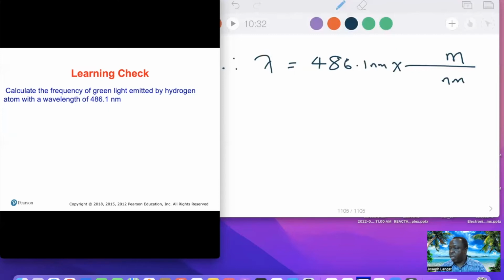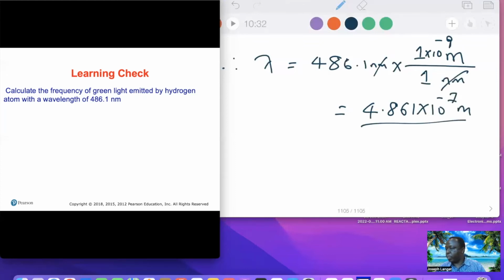So 1 nanometer is the same as 1 times 10 raised to negative 9 meters. This and this will cancel, and we have 4.861 times 10 raised to negative 7 meters.